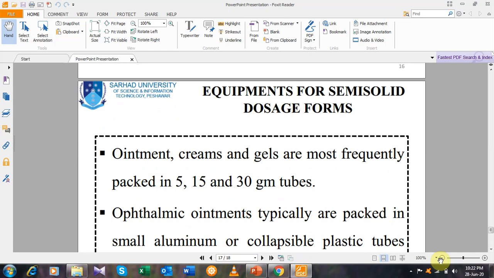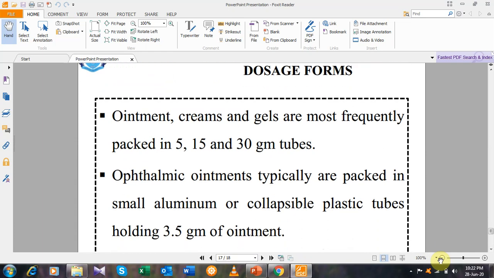Remember that the frequently used creams and ointments are packed in 5 gram, 15 gram or 30 gram tubes. Mostly the collapsible tubes are used, or small aluminum tubes are used.